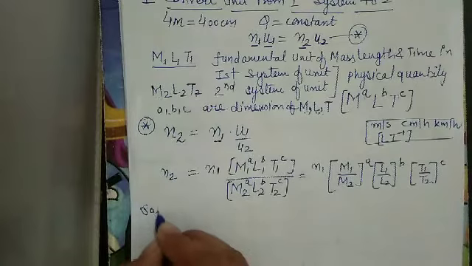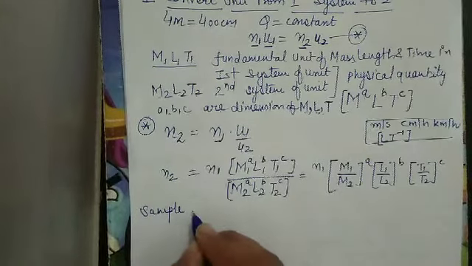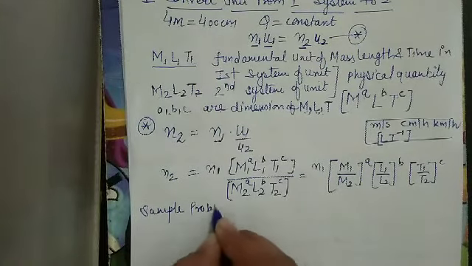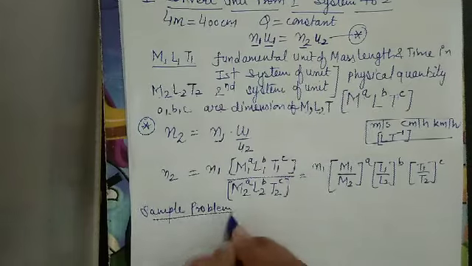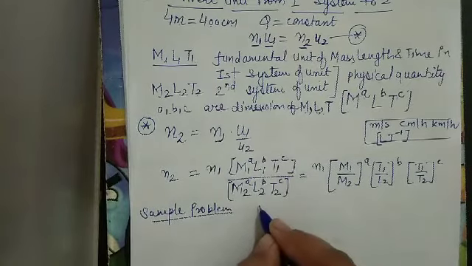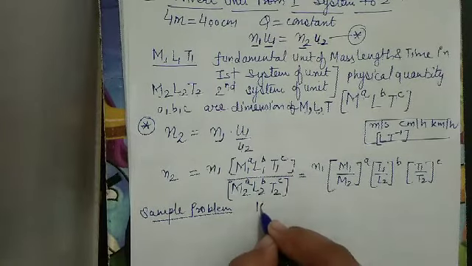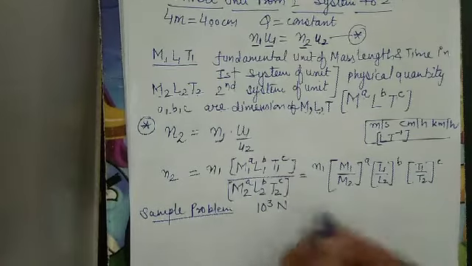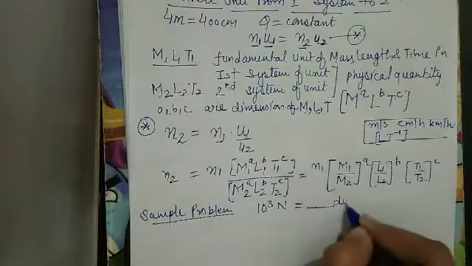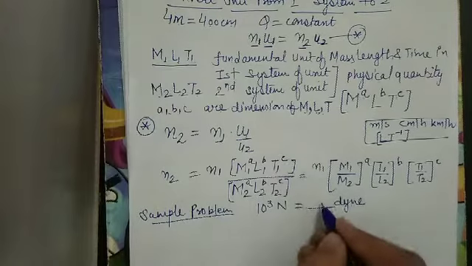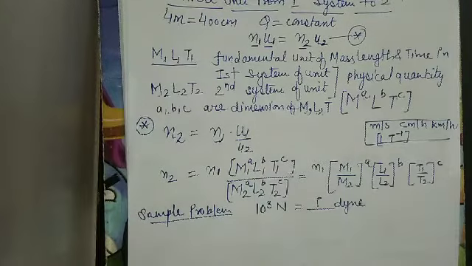I will give you a sample problem to make the concept clear. Let's say I want to convert 10 raised to power 3 Newton into dynes. It means you want the new number.